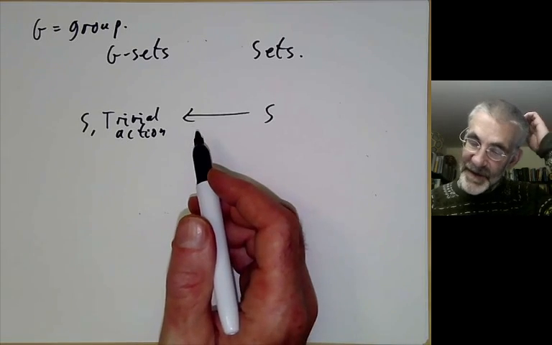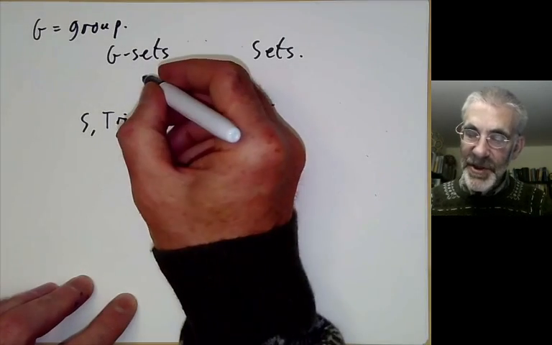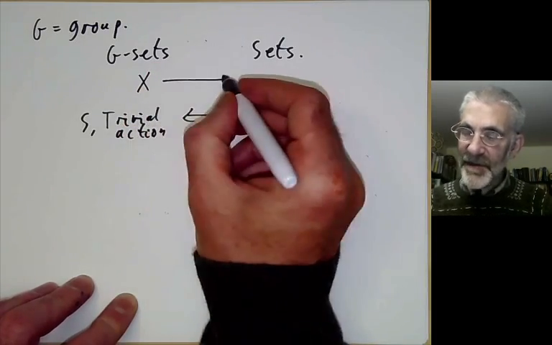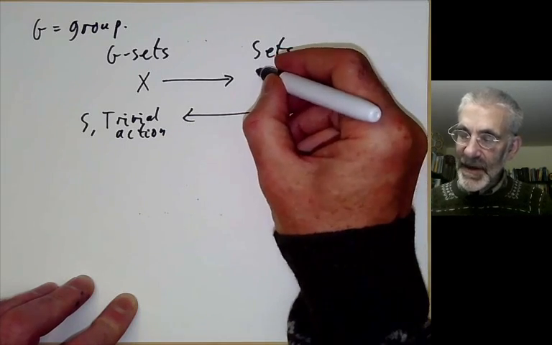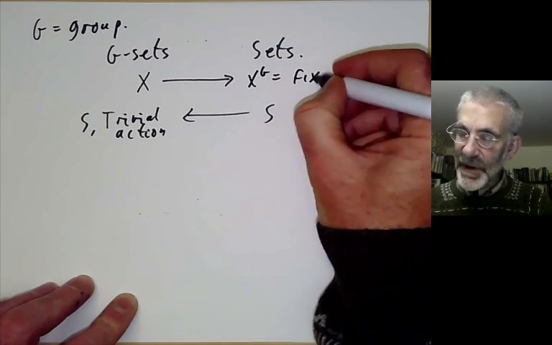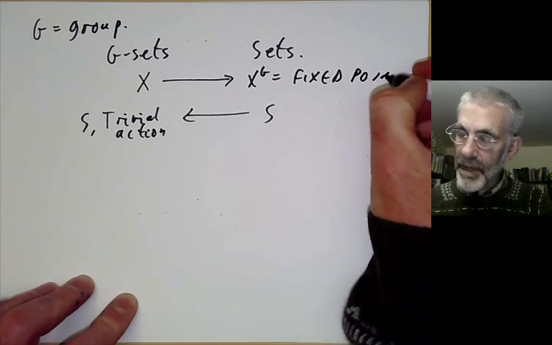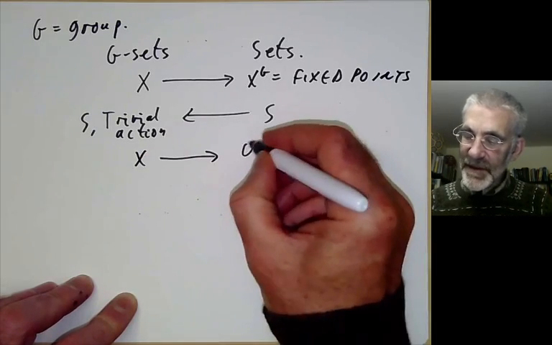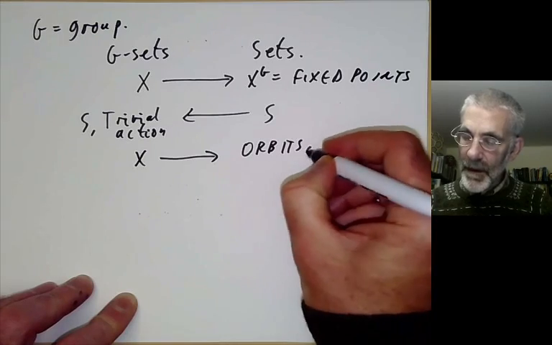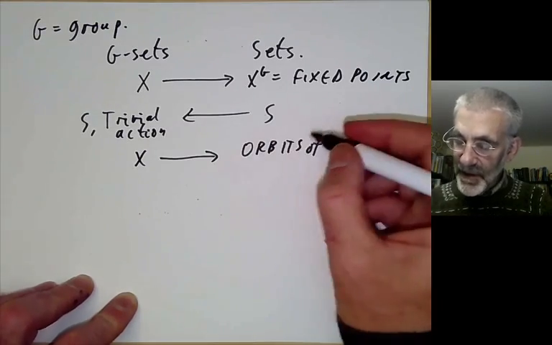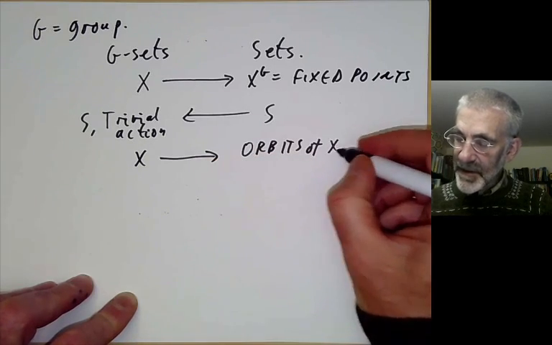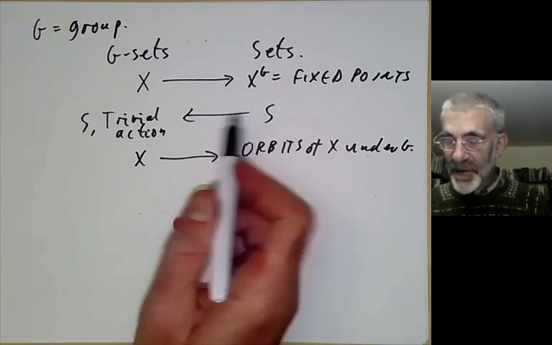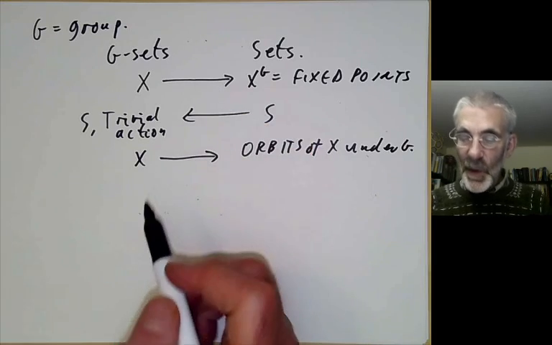So this has a left adjoint and a right adjoint. So if you've got a G set X, there are two ways of getting a set out of it. First of all, we can take X to X^G, which is the set of fixed points of X under G. Alternatively, we can take X to the set of orbits of X under G. Now, one of these two functors is a left adjoint of this functor here, and the other one is a right adjoint.